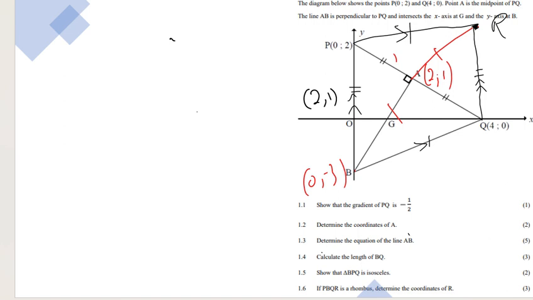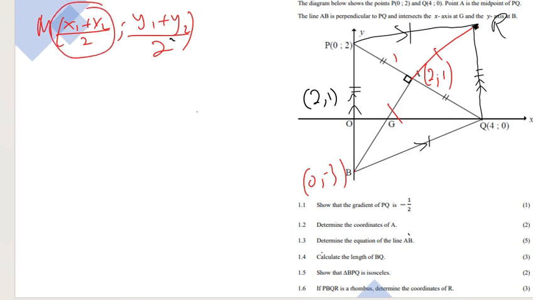So this is what you're going to do. Go straight to the midpoint formula: x1 plus x2 over 2, y1 plus y2 over 2. Now take this part and write it separately. Here we're dealing with R and B. So xr plus xb over 2 is equal to xa, which is our midpoint.